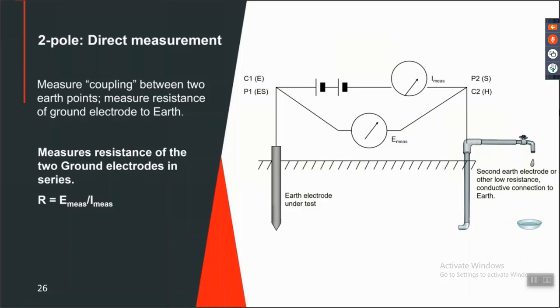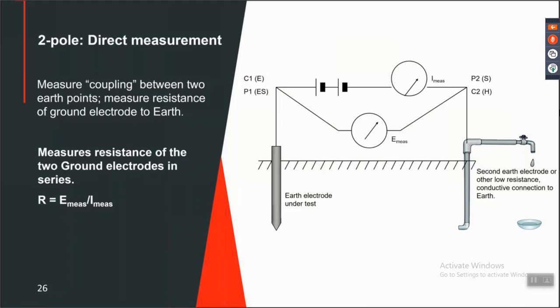If you connect to the pipe here, it means this method measures two series resistances: the electrode under test, and also the resistance of this pipe. So there are three important limitations on this method actually. In this case, we use the water pipe. You need to consider that the water pipe system must be extensive enough to have negligible resistance.